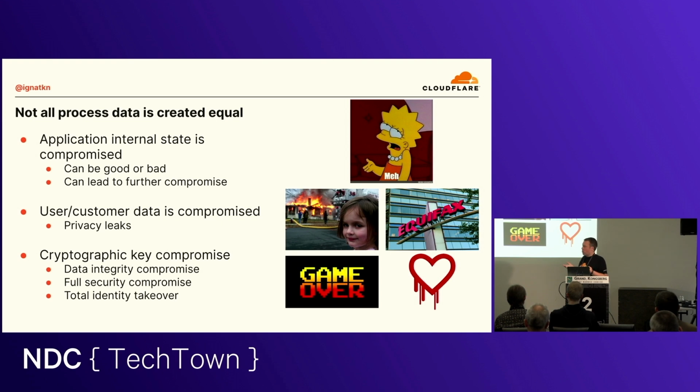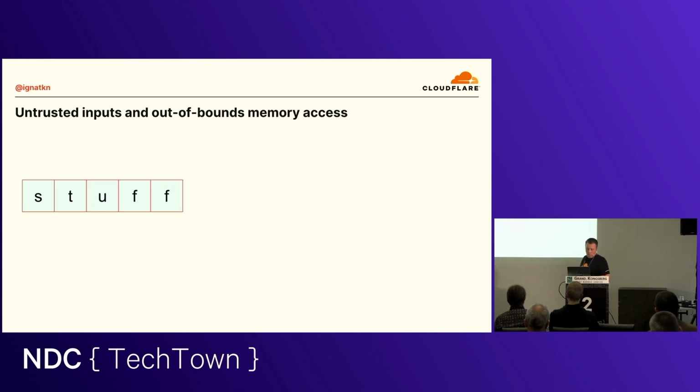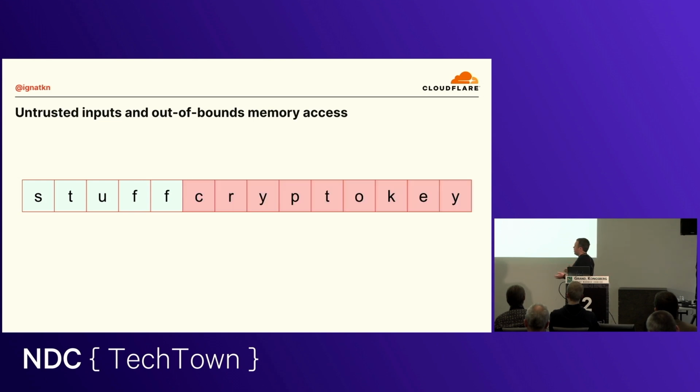So how can a cryptographic key be leaked? There are several ways, but typical ones are vulnerabilities in unsafe C++: untrusted user inputs and out-of-bounds memory access. For example, you have some data written in memory, and your cryptographic key may be resident in memory next to it.